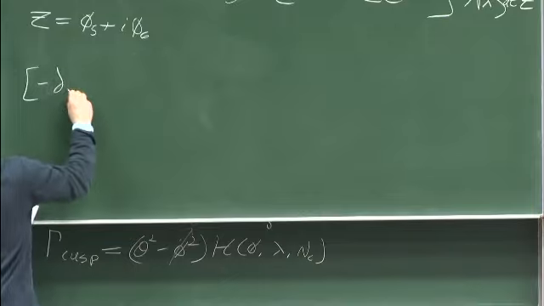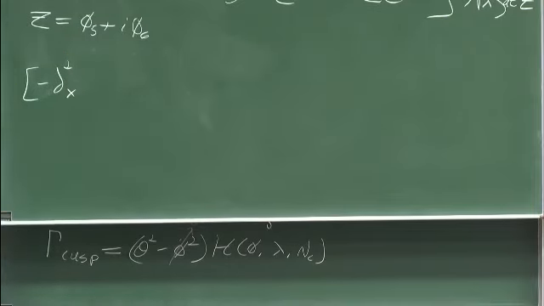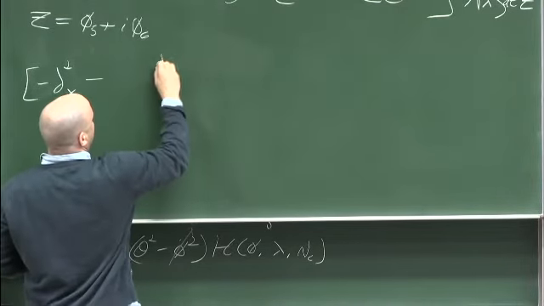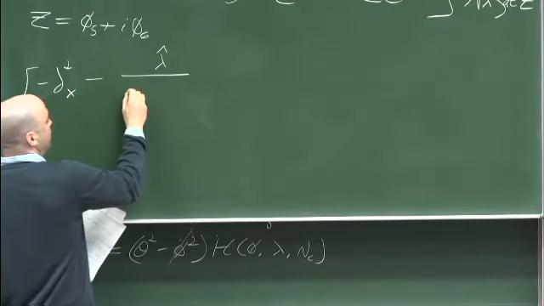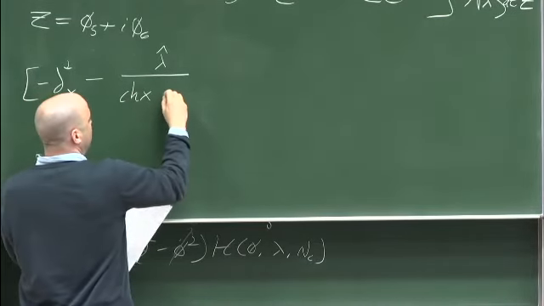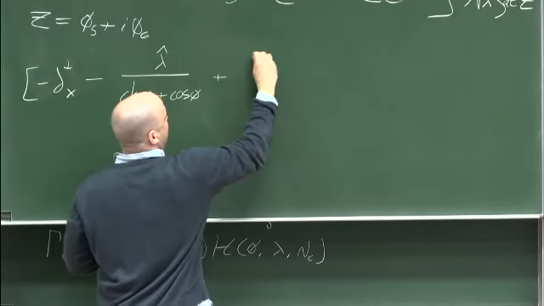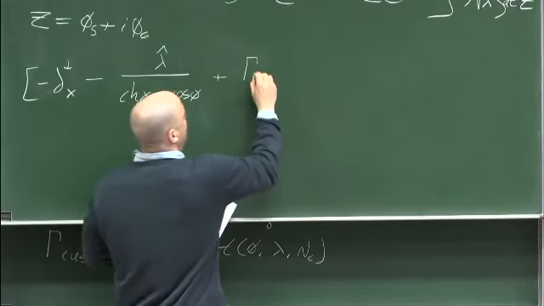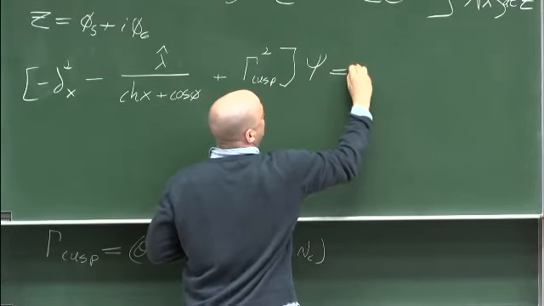We have minus d_x squared. Don't confuse this d_x with the space-time x. This d_x is, in a sense, the direction along the Wilson line, minus the potential, where the potential goes something like lambda hat divided by the propagator on the cylinder, which is cos x plus cosine of phi, plus, I would not worry about factors of 2 and pi's here, gamma cusp, acting on psi equal to 0.